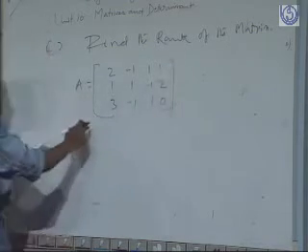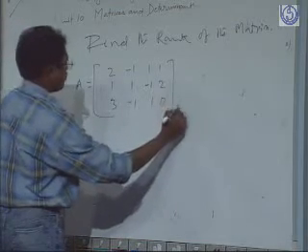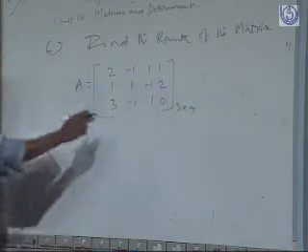So this is a matrix of 3 rows and 4 columns, so a 3 into 4 order matrix.